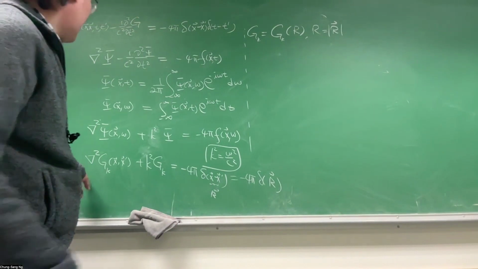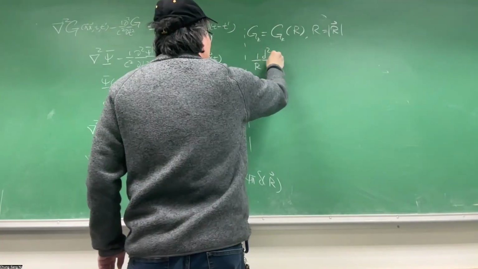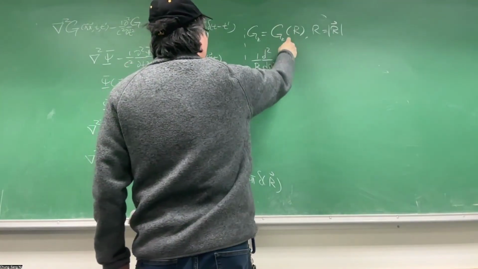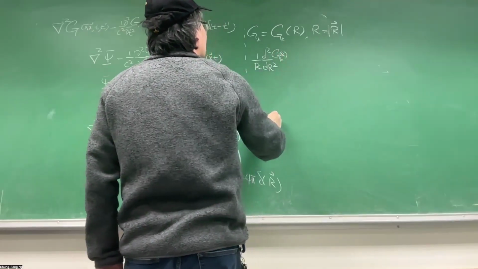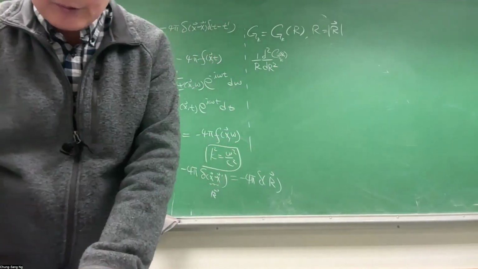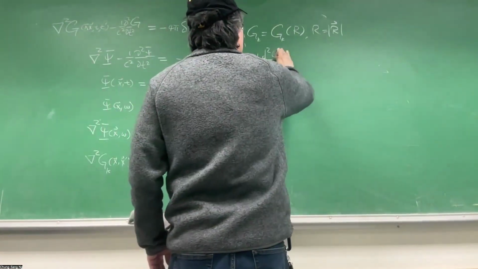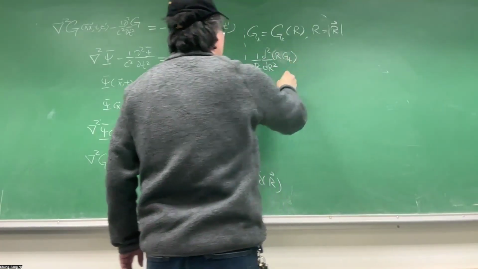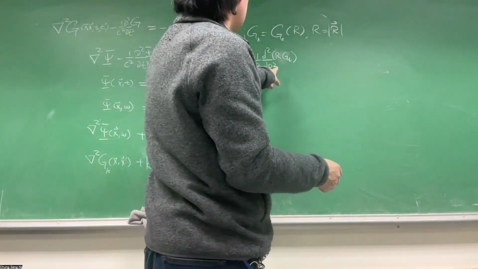So that makes it 1 over R, treating the angles as parameters, this becomes a total derivative on G. It depends on R. Actually, it is R times G, not just G. That's just from the table, the Laplacian using R as the radial coordinate.